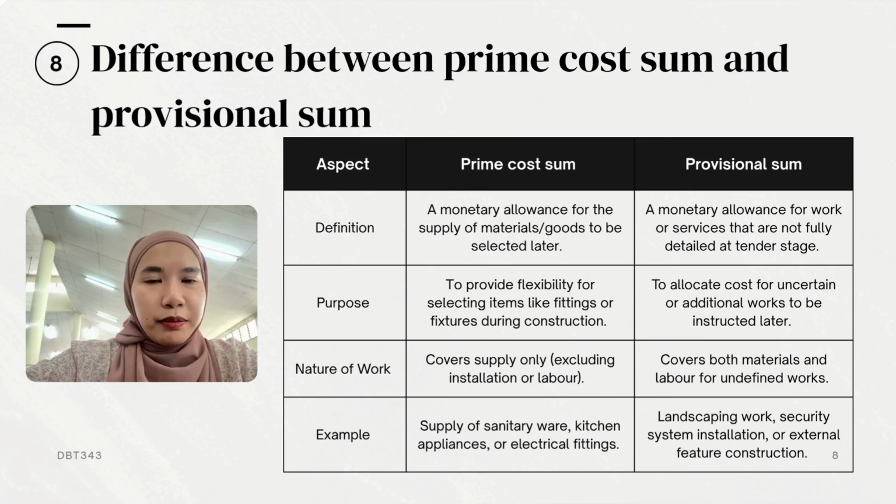In simple terms, prime cost sums are for items you know you will need but haven't chosen yet, and provisional sums are for works you know might happen but are not yet confirmed. Both help the contractor and client to manage costs and changes during the construction process.